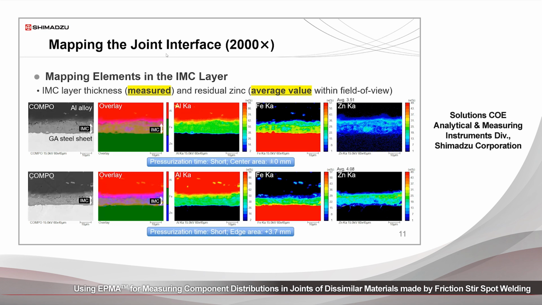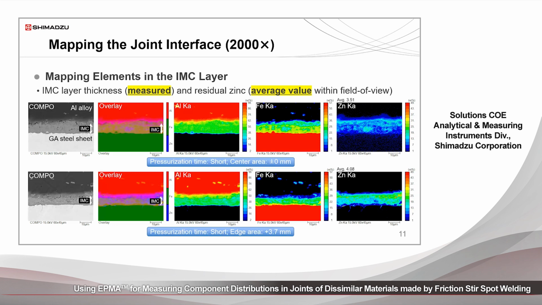Note that the IMC layer is thickest at the center area compared to the edge area. In addition, there is more residual zinc, with an average of 3.51 versus 4.08 within the field of view at the edge area versus the center of the weld.